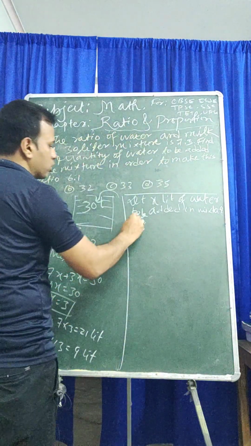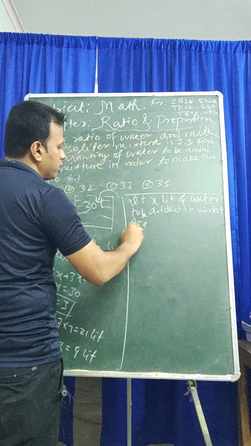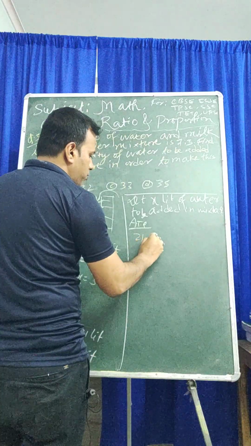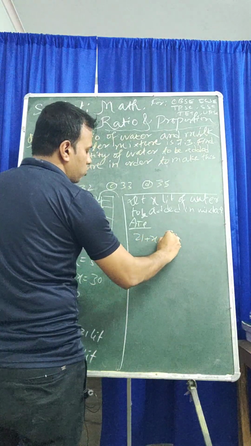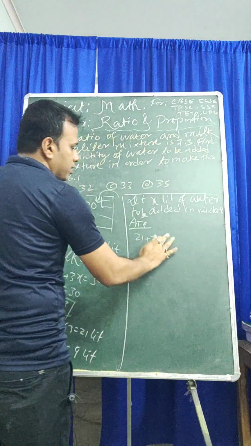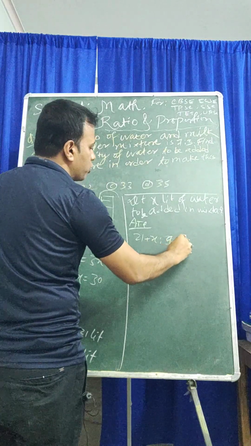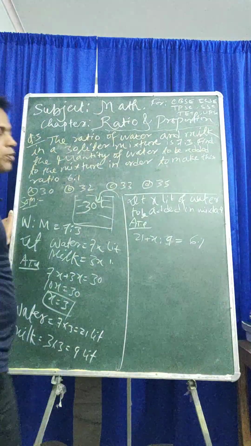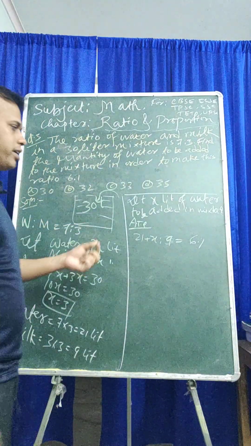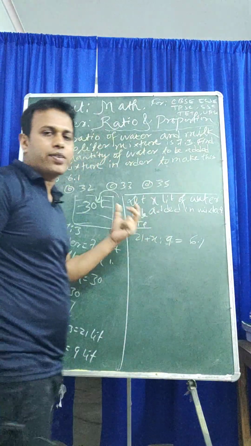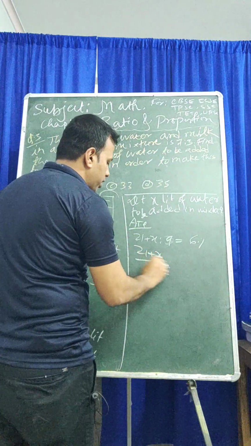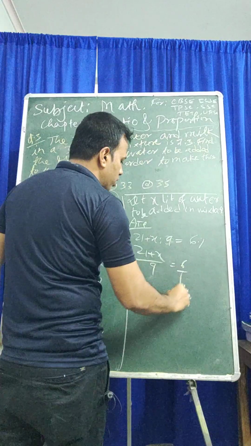So according to the question, I can write water will be 21 plus x now, milk is 9, and the ratio will be changed to 6:1. From that we have to find the value of x, and this will be the extra added water amount.